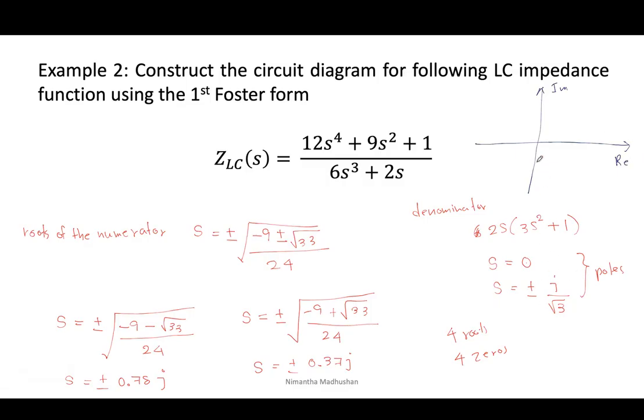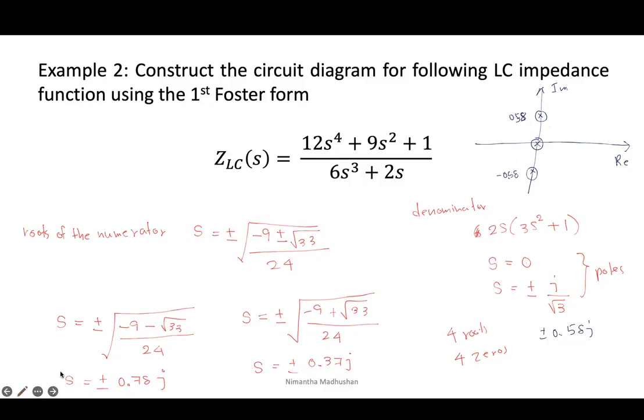There are three poles: one at the origin and two at plus or minus j over square root of 3, which is plus or minus 0.58 j, around this place, 0.58 and minus 0.58.